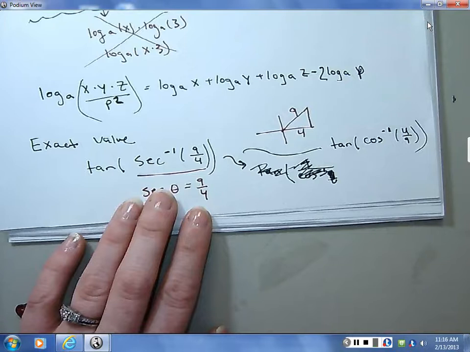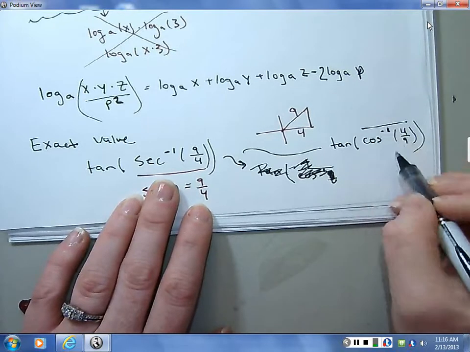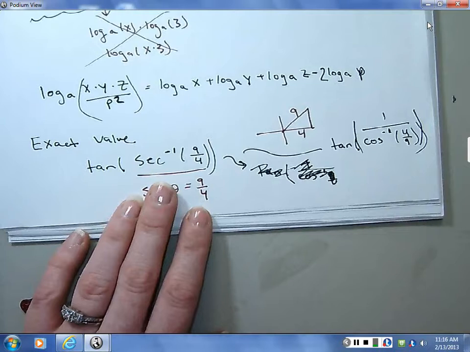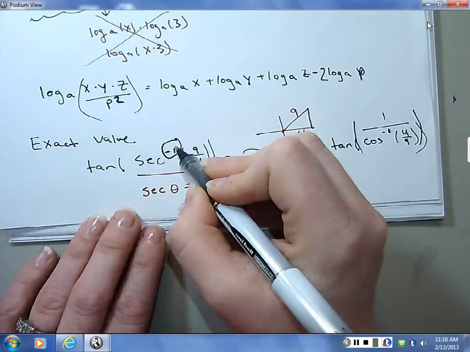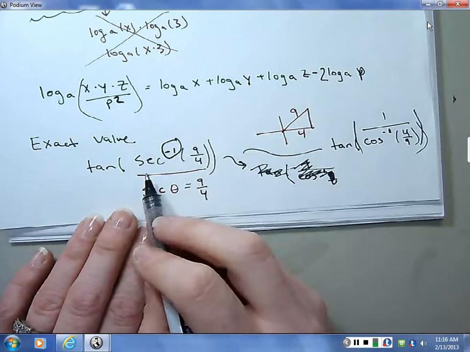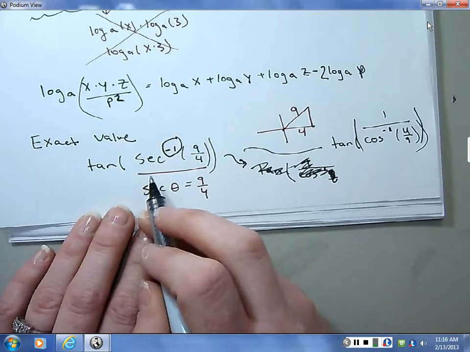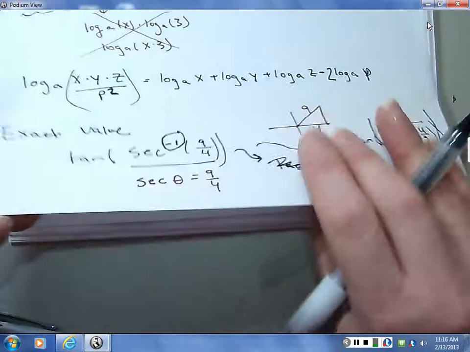Did I say 1 over that? Because secant is 1 over cosine. Yeah, so it'd be 1 over that. Well, then it would be flipped again. No, because think of this. This is different. This means the inverse, not 1 over it. It's not saying 1 over secant. Secant's 1 over cosine, right? You can say arc cosine instead. It's just depending on where this is coming from.